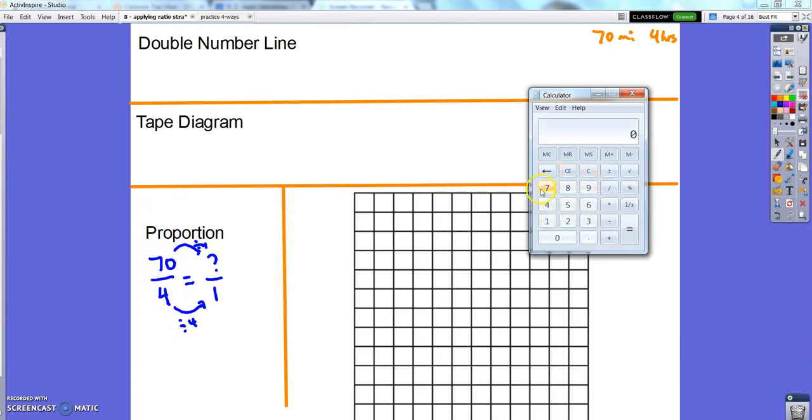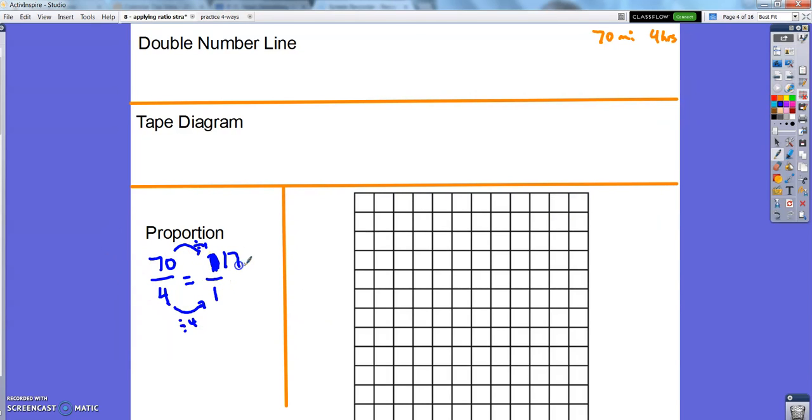So 70 divided by 4 is 17.5 miles an hour. So each hour she rides 17.5 miles. 17.5 in 1, double that would be 35 in 2, double that would be 70 in 4. So proportion a lot of times for me is the easiest strategy to use, so I do that first. So let's talk about a double number line next.